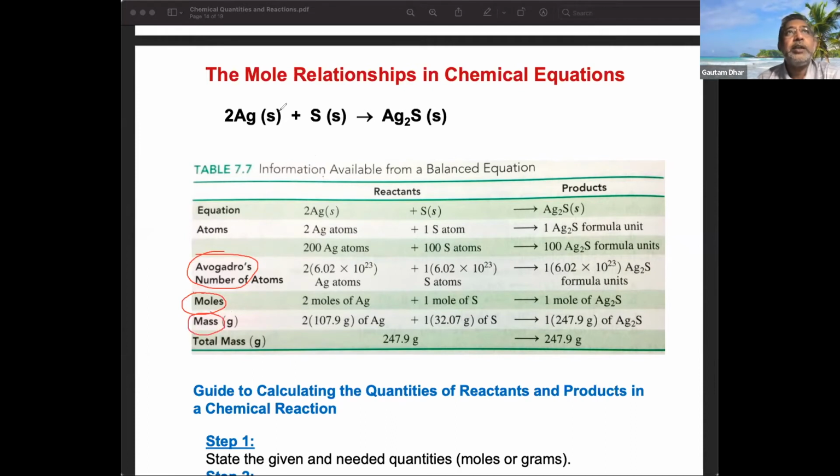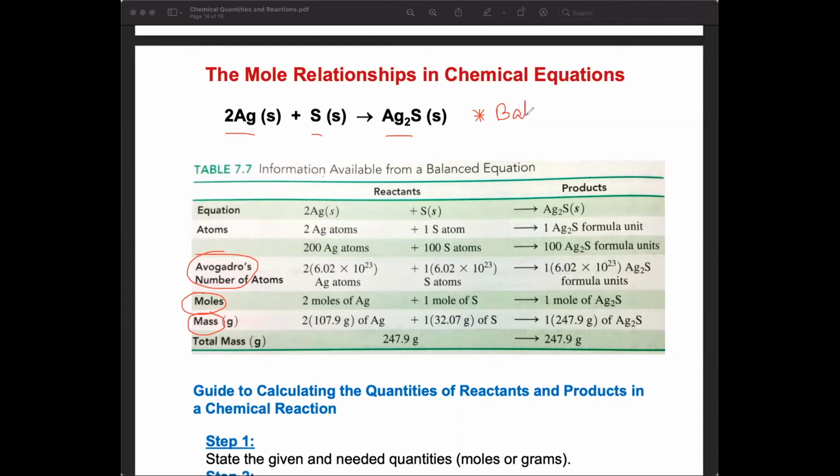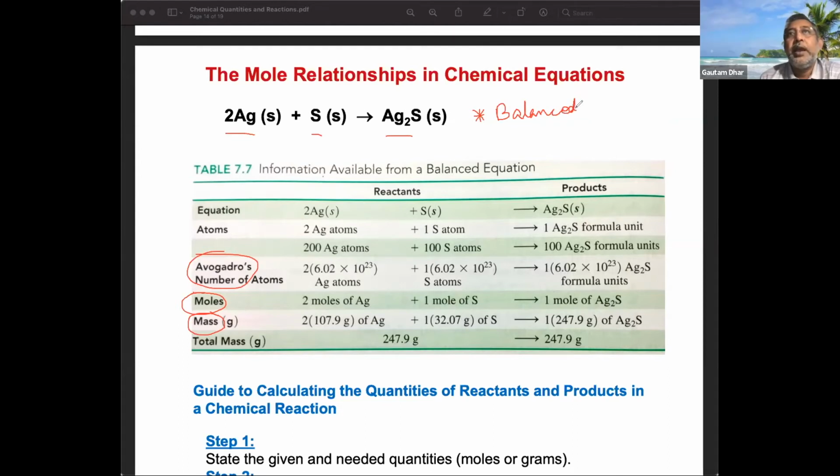Now, if you look at this equation, it has to be balanced. Very, very important: whenever you deal with a chemical equation, it must be balanced. Do not work with an unbalanced equation. So this is a balanced equation, and what does it tell me?